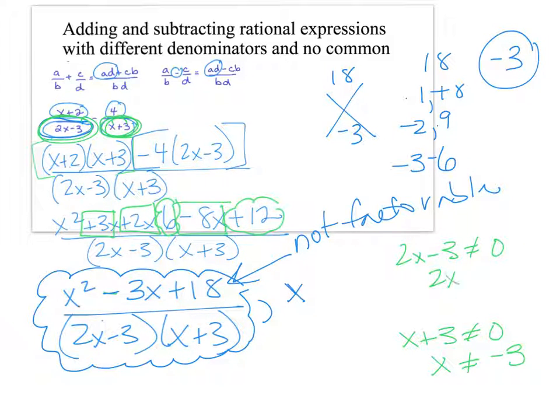And 2x cannot equal positive 3, so x can't equal 3 divided by 2, the fraction 3 over 2. So our domain is that x cannot equal negative 3 and 3 over 2, or else we're going to get zeros in the denominator, and that won't work.